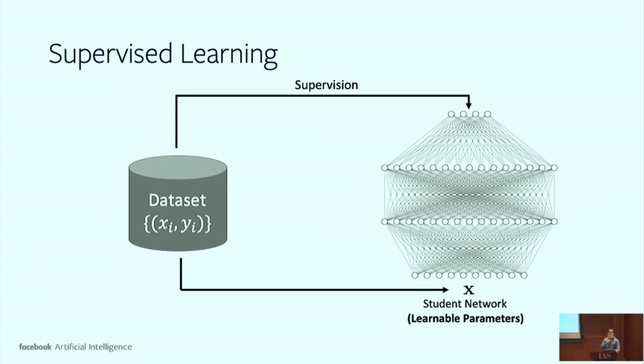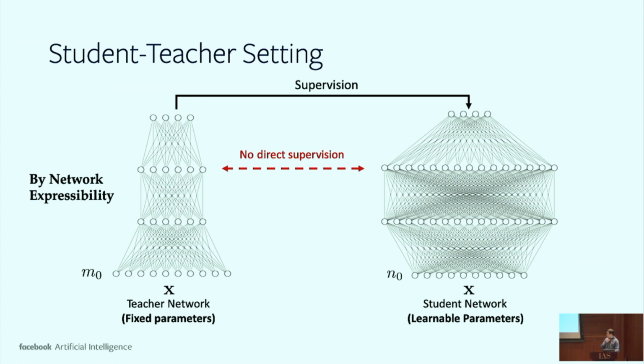We start with supervised learning, in which you have a data set, and the network will take the input from the data set and try to output a prediction so that it is similar to the labels y from the data set. But we can actually replace this data set with a teacher network. Suppose you have a teacher instead, and this teacher has fixed parameters, which are basically a black box that you don't have access to.